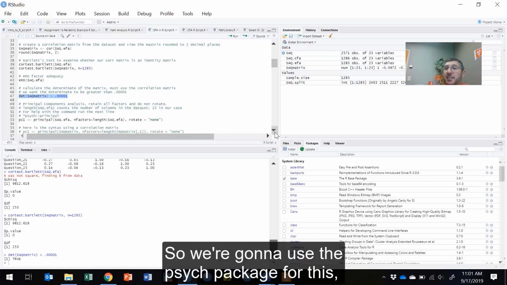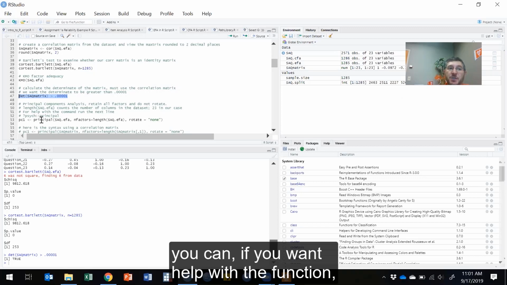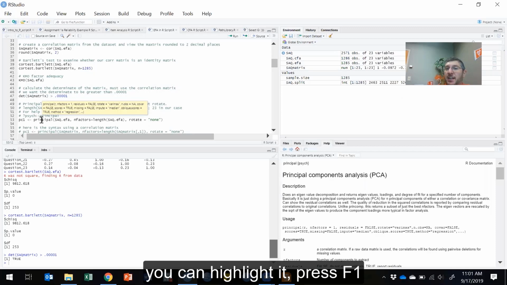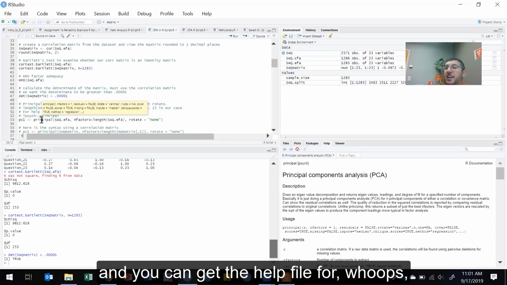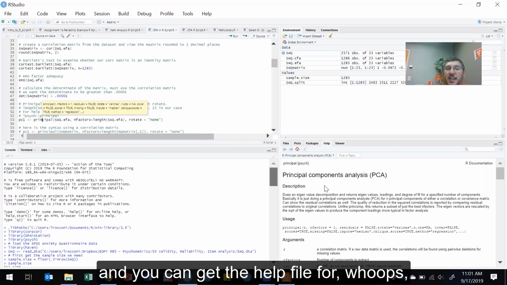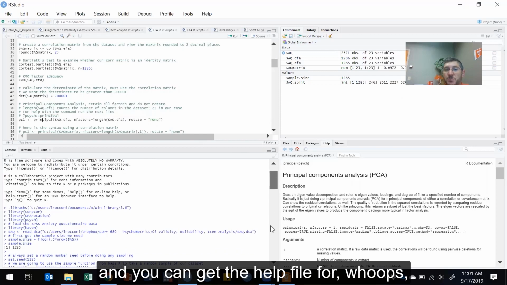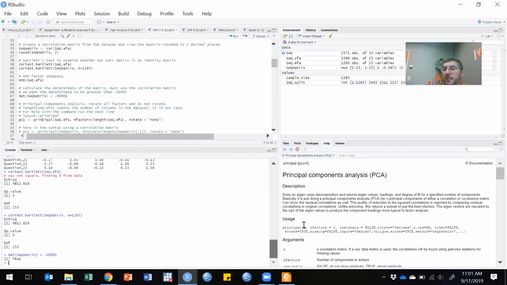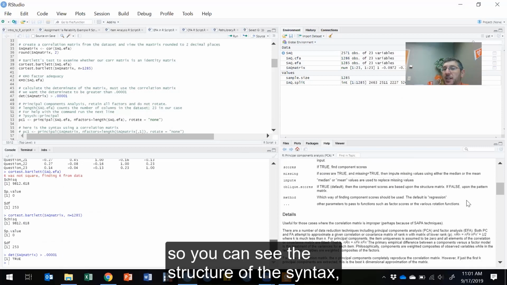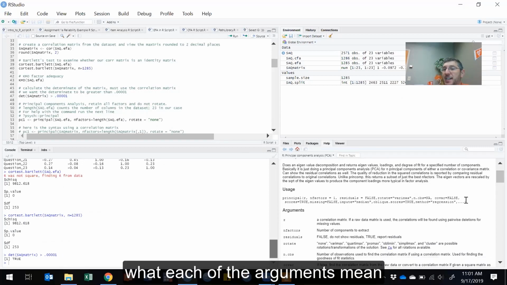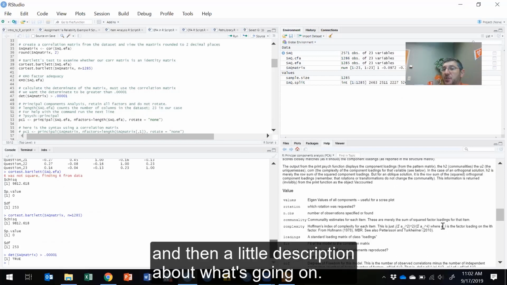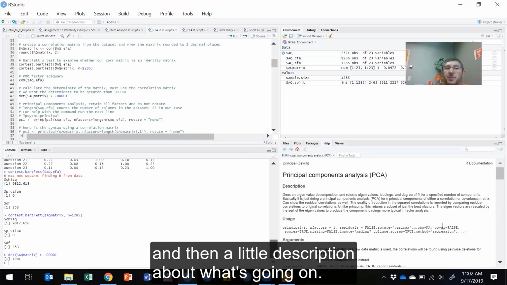We're going to use the psych package for this. If you want help with the function, you can highlight it, press F1, and you can get the help file. You can see the structure of the syntax, what each of the arguments mean, and a little description about what's going on.